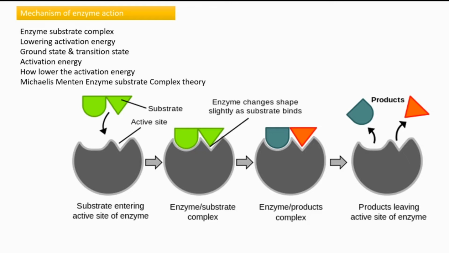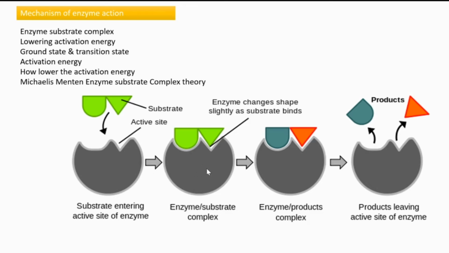Then we are going to see the Michaelis-Menten enzyme substrate complex theory, which is very, very important. This theory says that the enzyme first binds with the substrate reversibly. Reversibly means it can bind and also unbind from the substrate. After binding with the substrate, it forms a complex called the enzyme substrate complex.